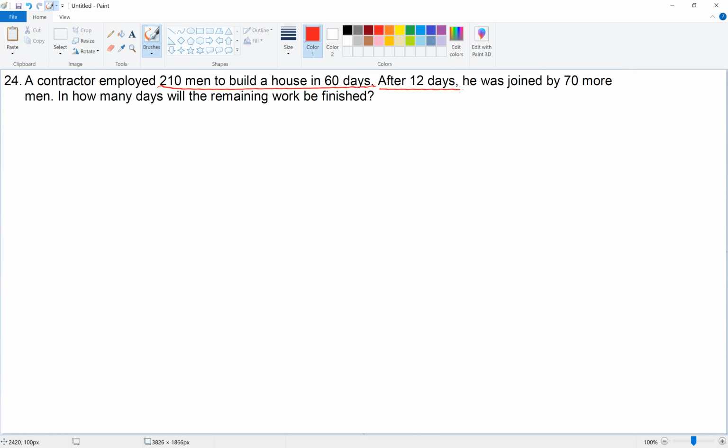So after 12 days, how many days are left? There's 48 days. So that means this many men will still need 48 days to do it, right? Now, question is what? How many days? Correct? Yeah.